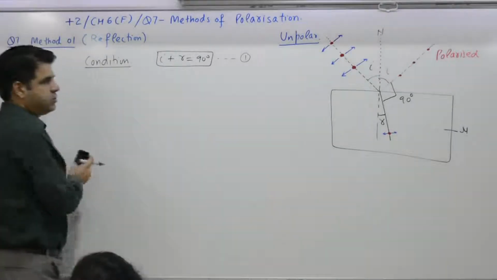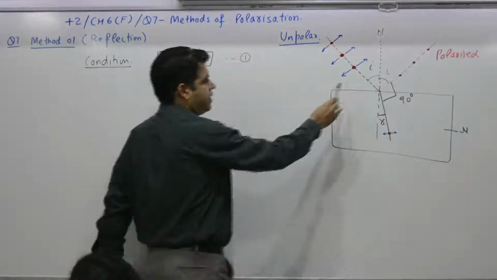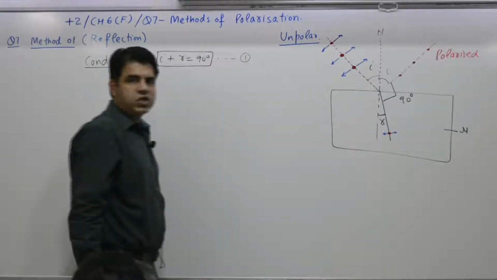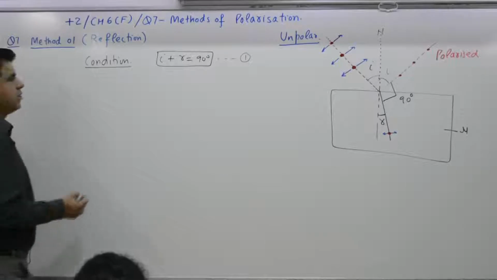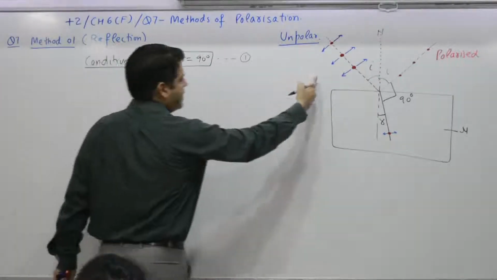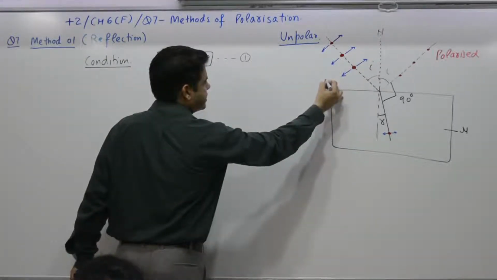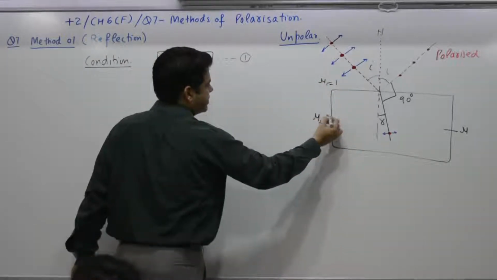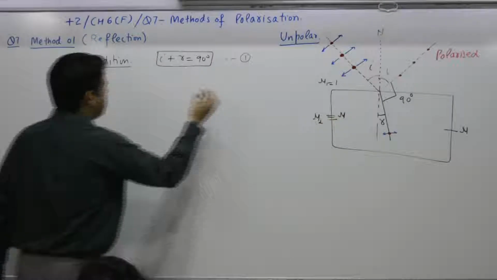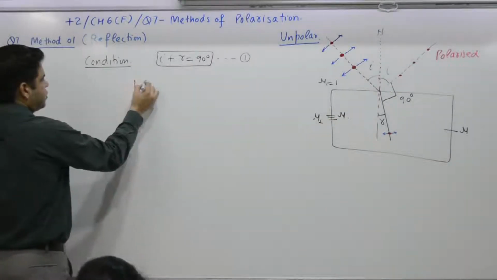Is there any relationship between I and R, angle of incidence and angle of refraction? Yes. This material has a refractive index 1, and this material has a refractive index equal to nu.